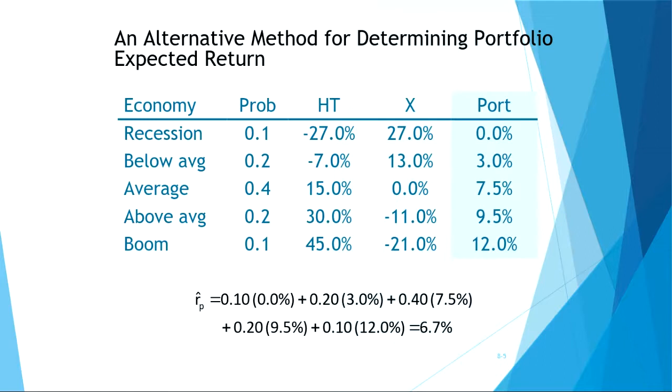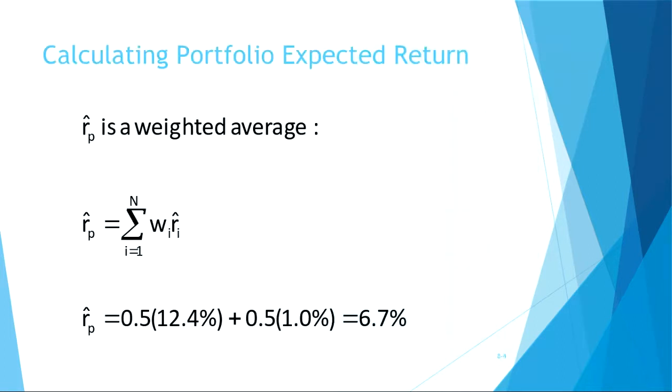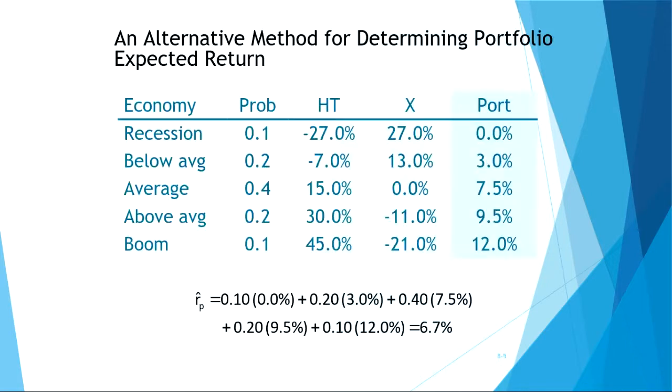Here is an alternate method for calculating expected return. The first one is just the expected return of these two components. The second one is that we can do it separately. We know the probability of each alternative, and we know the return of each alternative and each probability, each scenario, right?